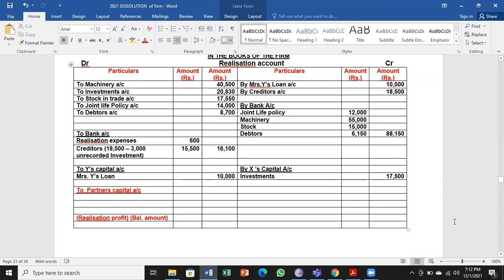So rough calculation we have to do in mind, and we have to go for totaling or roughly we have to work with the pencil, write in the pencil totals and check which side is heavier, whether debit or credit. Here the heavier side is credit. So 1,34,150. Take that on the credit side. Now minus all these from 1,34,150.